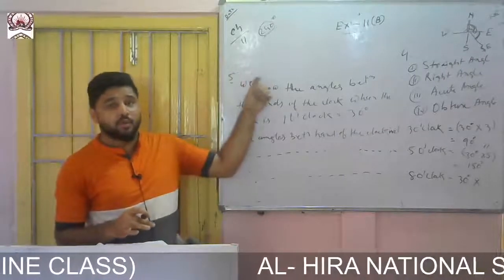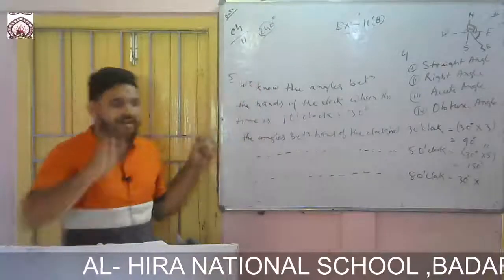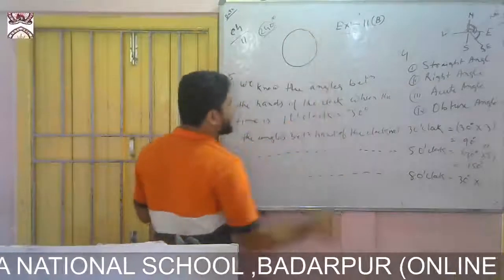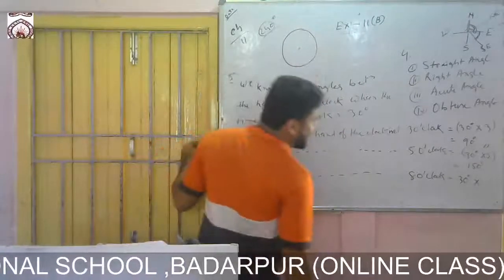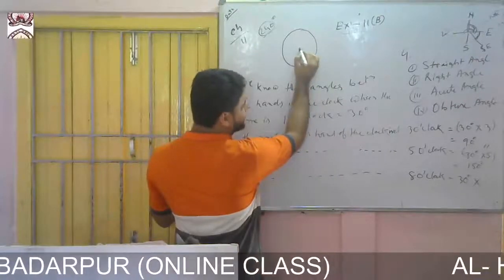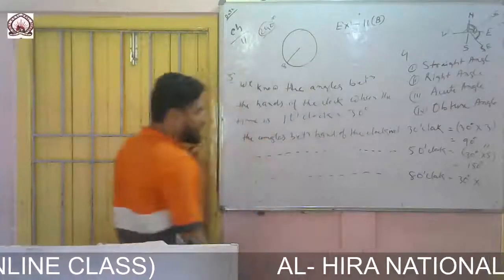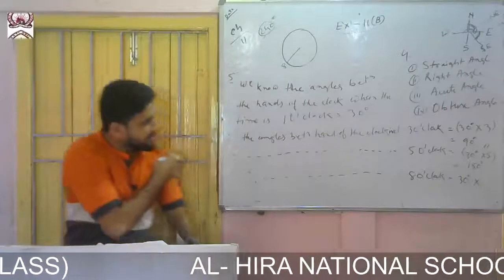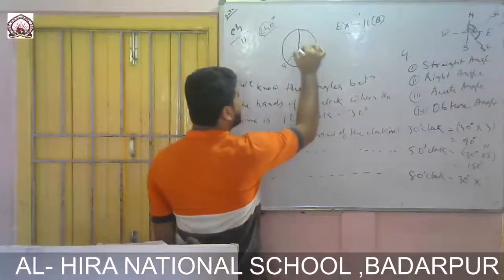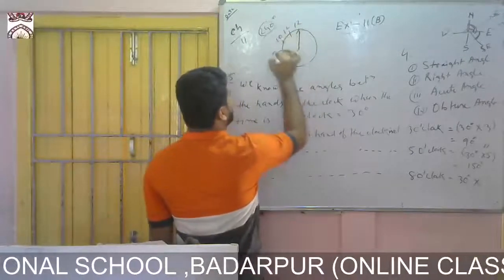But in the question we need to find the reflex angle, so I cannot take this one. I shall take it like this. Here is 8 o'clock, with 12, 11, 10, 9.